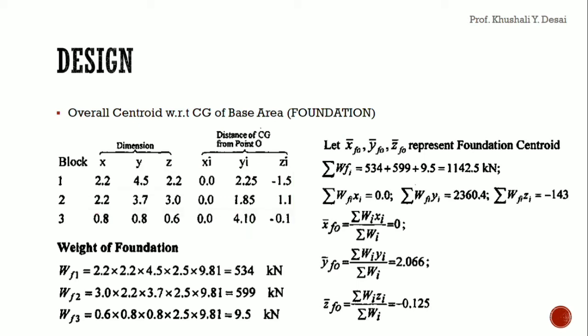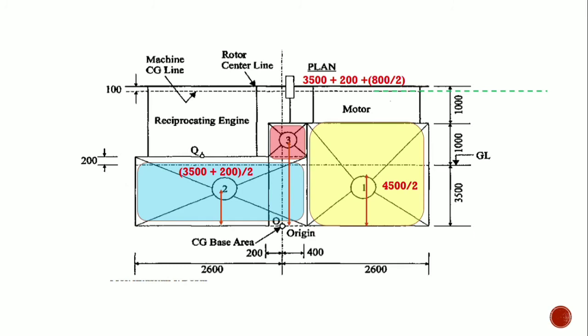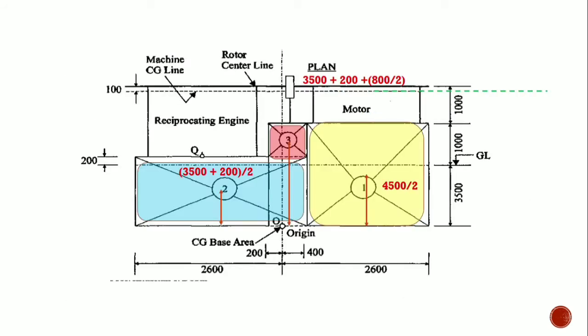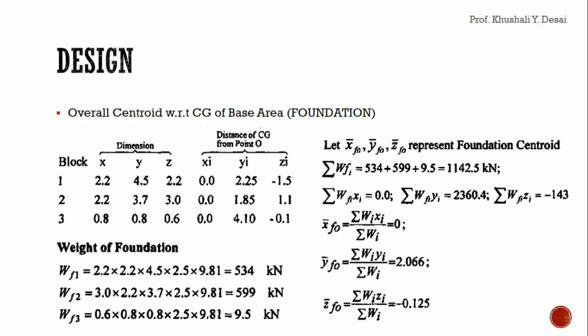For block 2, it was 3500 plus 200 by 2, which is 1.85. And for the third block, it is 3500 plus 200 plus 800 by 2, which gives 4100 or 4.1 meter. Similarly, X and Z can be obtained.